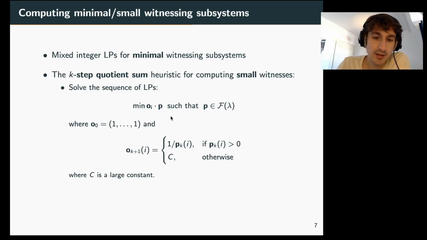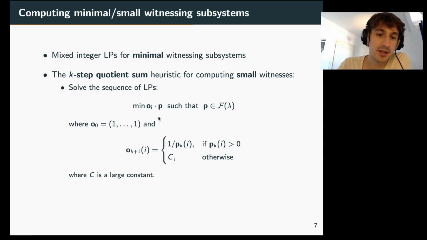And so we would like to find vectors that are Farkas certificates and that have as many as possible zero entries. But we can't express this as an LP, but what we can try to do is minimize some weighted sum over the entries of the vector.